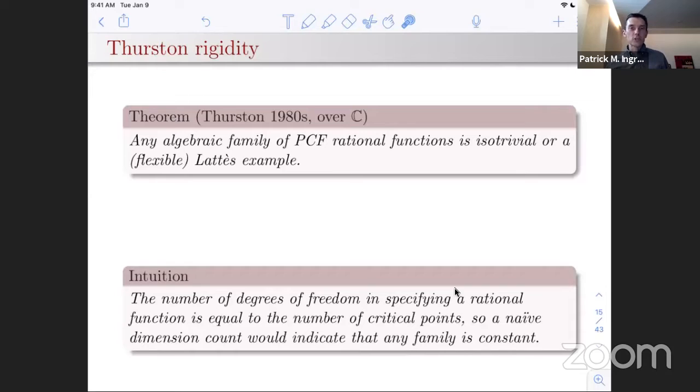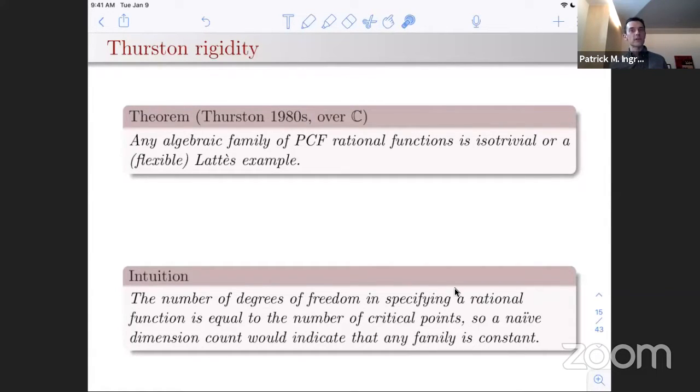Okay, and so what's the intuition behind this statement? Well, basically, if you sit down and try to figure out how many degrees of freedom you have in specifying a rational function of degree d, it's 2d minus 2, once you take into account the degrees of freedom that are killed by working independent of choice of coordinates. And 2d minus 2 is also the number of critical points that a rational function of degree d has.